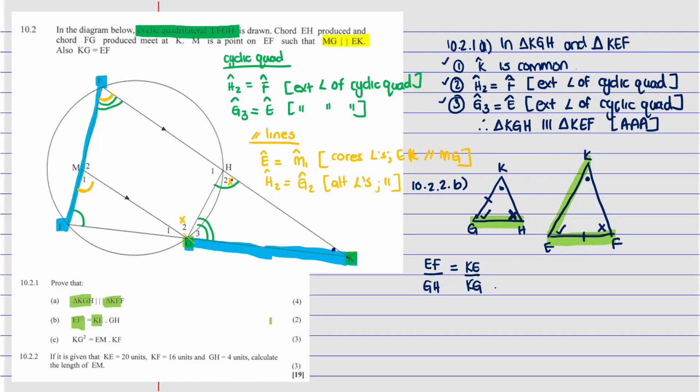Is everyone okay with that? Yes, ma'am. And our reason here, since we're using triangles, we're going to say that triangle KGH is similar to triangle KEF. Is everyone fine with that?